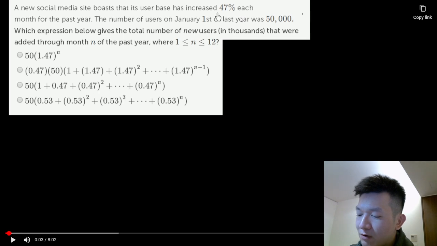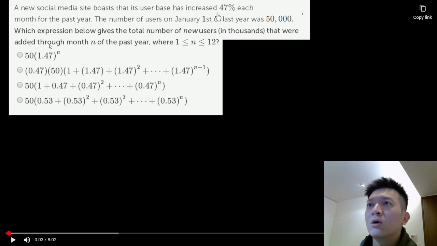So 1.47, that's our second term, but what we have added for our second term or second month, because you see here, added through month end of the past year. So this is our first month, what we added for the first month, what we added for the second month, all the way to the 12th month, right?